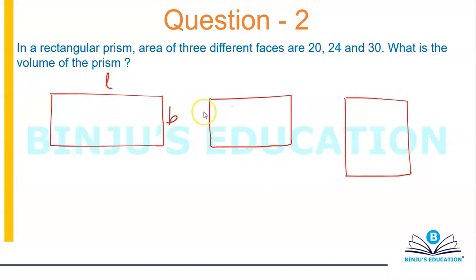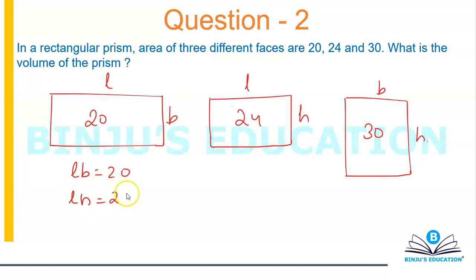So the faces are length and breadth, length and height, and breadth and height. The areas are given as 20, 24 and 30. Let's say LB is 20, LH is 24 and BH is 30. You need to solve 3 equations with 3 variables to get the values of L, B and H. Let's call these equation 1, equation 2 and equation 3.